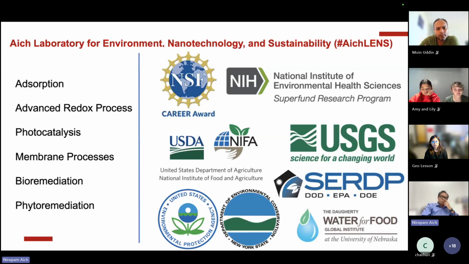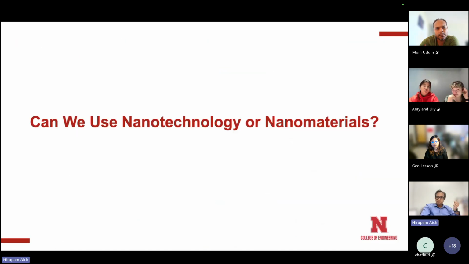We are also designing new materials for different types of redox and chemical processes to destroy the carbon-carbon bonds. We are also working on membrane processes with my colleagues, looking at how we can combine these reactive processes with separation processes. I'll go through some examples of what we are doing, and we can have some questions after that.